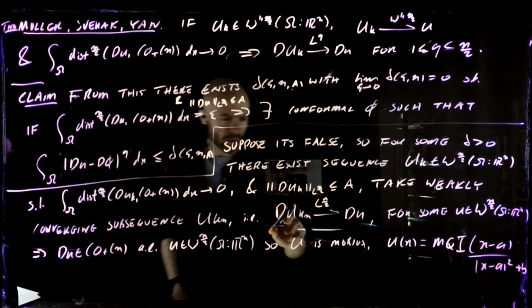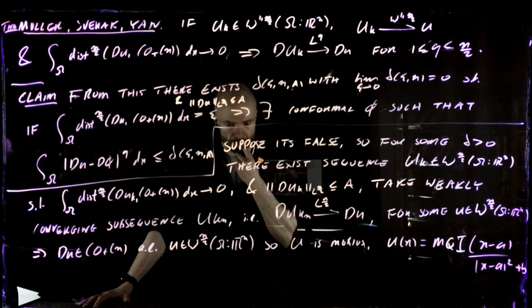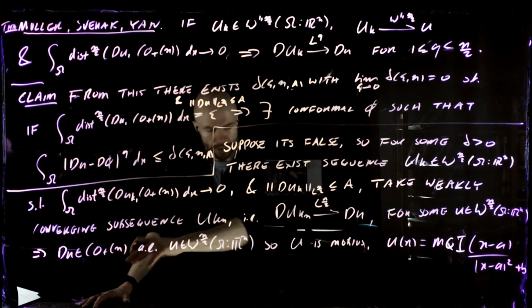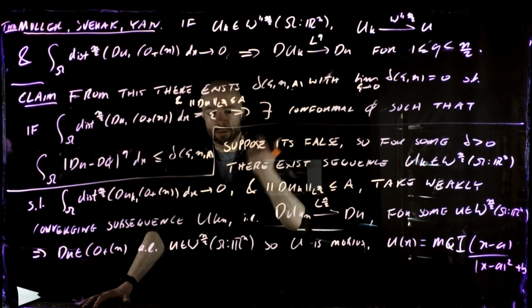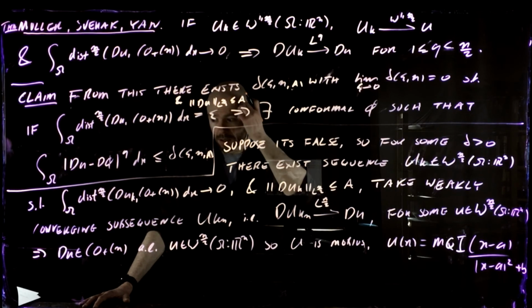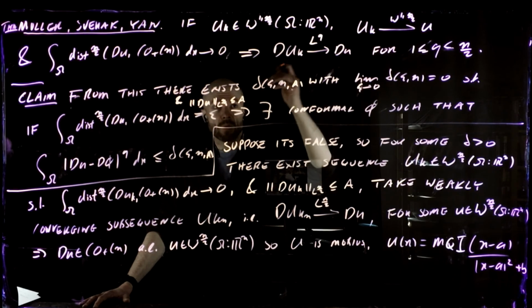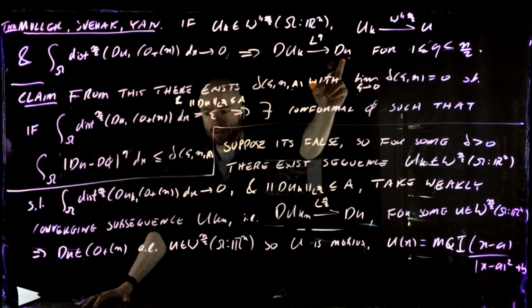But the gradients are converging strongly. If you accept this is true, then what are we in a position to conclude? We have a weakly converging subsequence like this. We have that gradients converge strongly because applying this theorem, the gradients converge strongly to this thing.